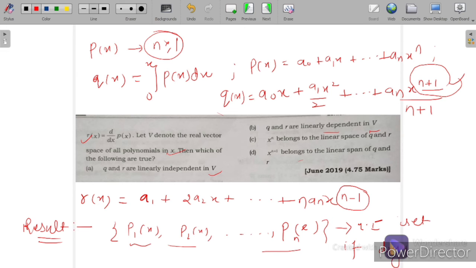That means degree of pi of x is not equal to degree of pj of x, for i not equal to j.